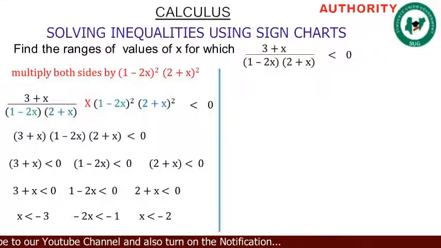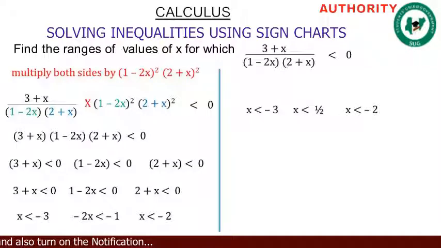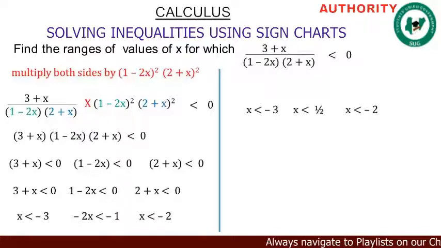Minus 2x over minus 2 is less than minus 1 over minus 2, so we end up with x less than 1 over 2, as the minus cancels the minus. So we have three values: x less than minus 3, x less than 1 over 2, and x less than minus 2.